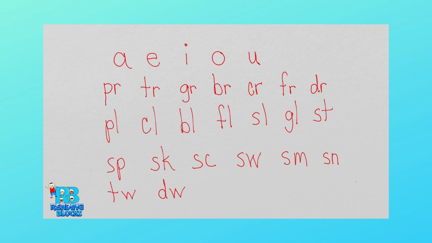Now we have some word families we're going to write. You ready? You're going to write it first, and then I'll write it, and you correct it. Here we go. Your first one. Oh, sorry. At. That was your first one. Okay, now here you write this one. Am.